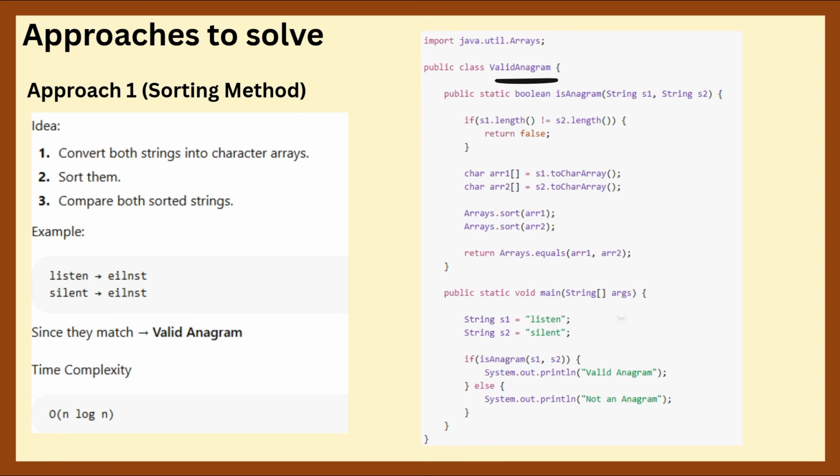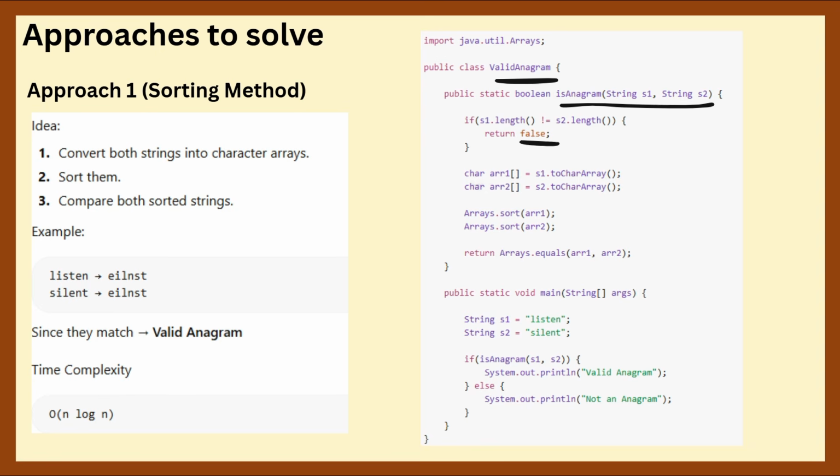In the exam, you have to take these by user input. We make an isAnagram function that takes two strings s1 and s2. First, we check the length of both words. If the length is not matching, we return false because in an anagram the length must be the same.